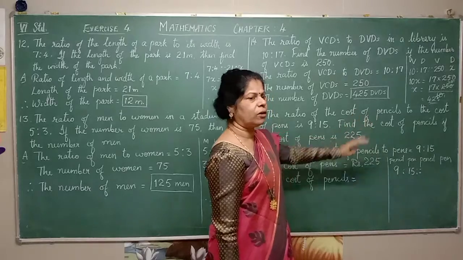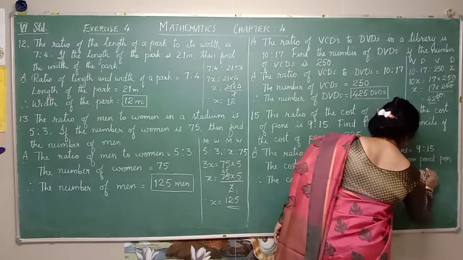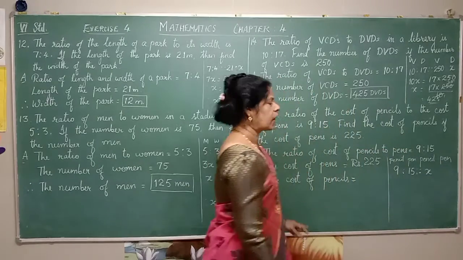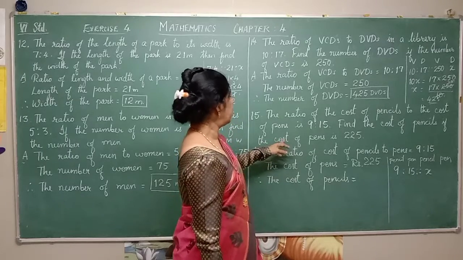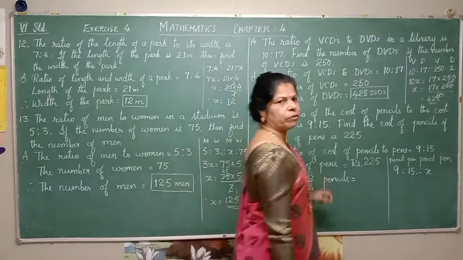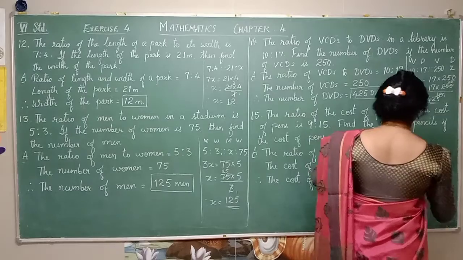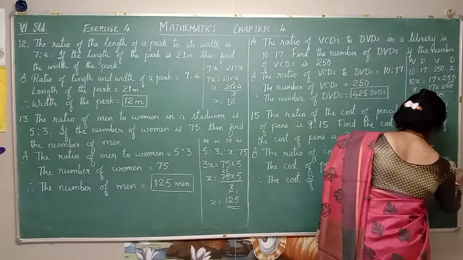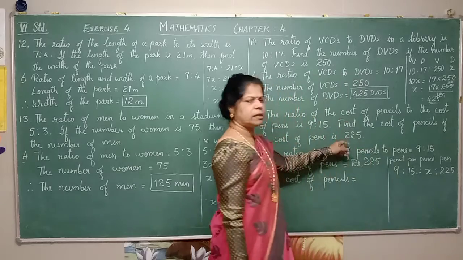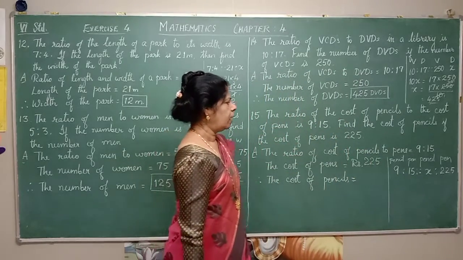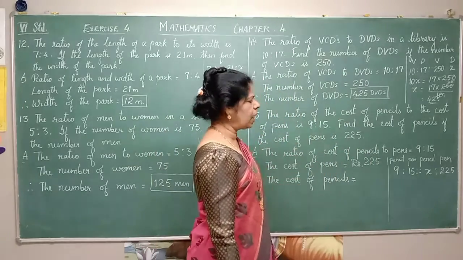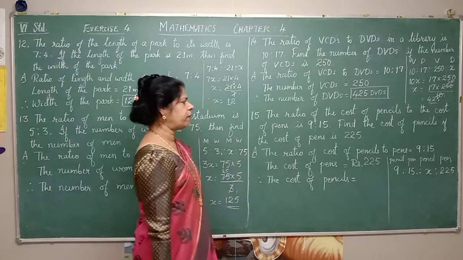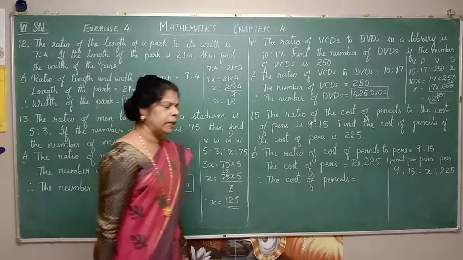So you have to find out pencil. In the case of pencil, X. The cost of pens is 225. Now again the same formula. What is that? Product of extremes is equal to product of means.